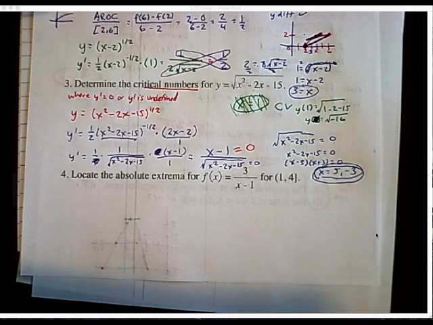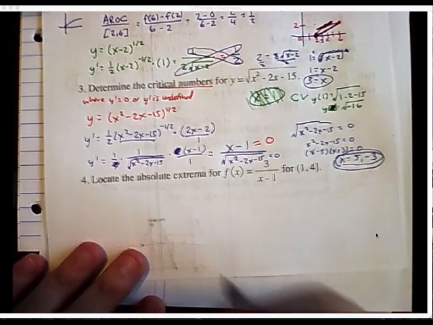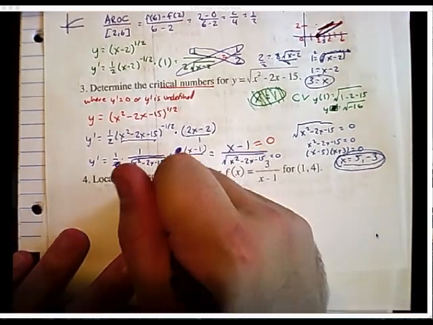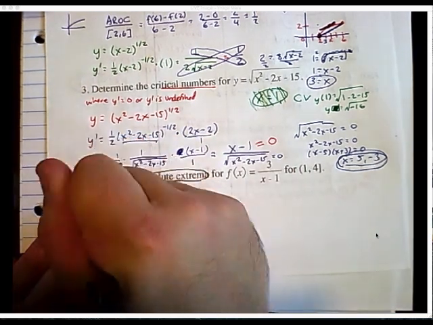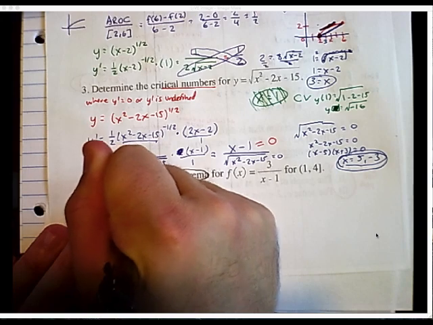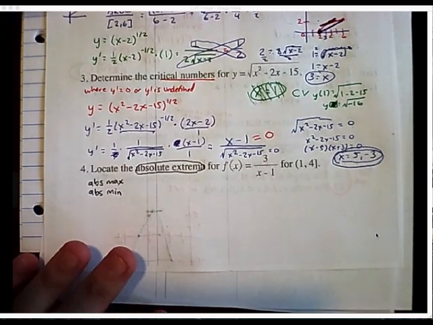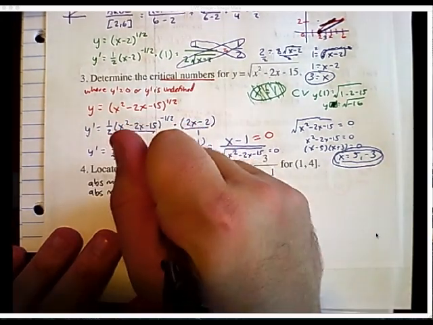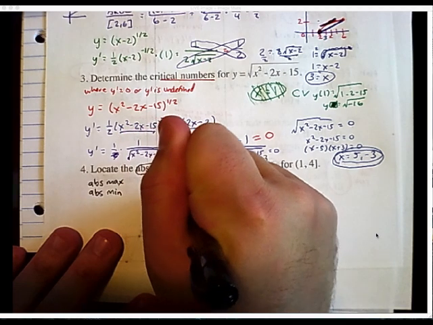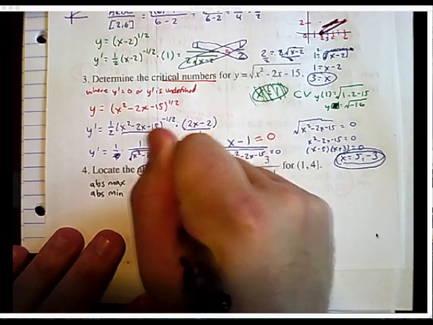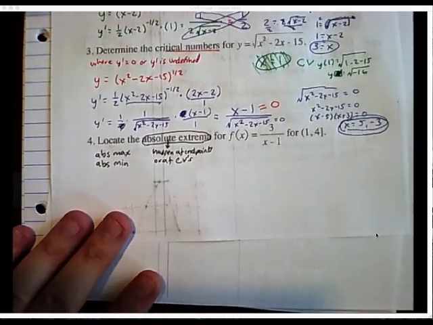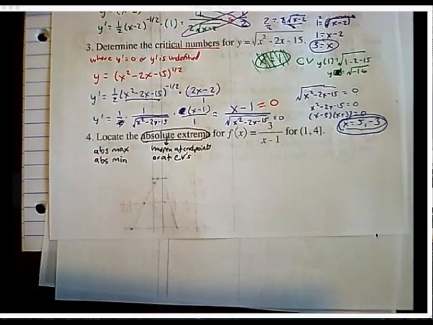Number 4, another review question for us here. We want to locate the absolute extrema, which means we want to find the absolute max and the absolute min. What do you know about absolute extrema? They happen at endpoints or at critical values.